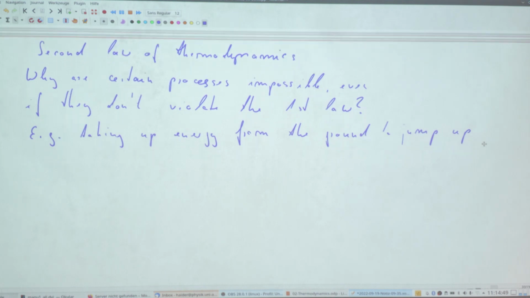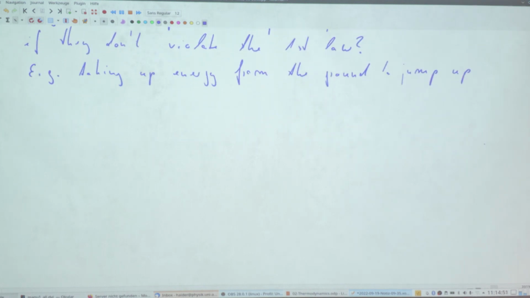I don't go through all the details, but basically it says that a certain quantity S in a closed system is always increasing.